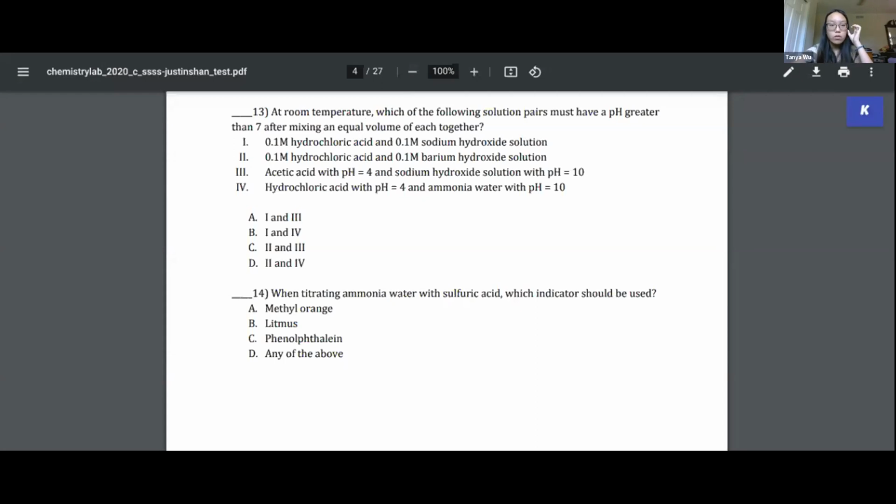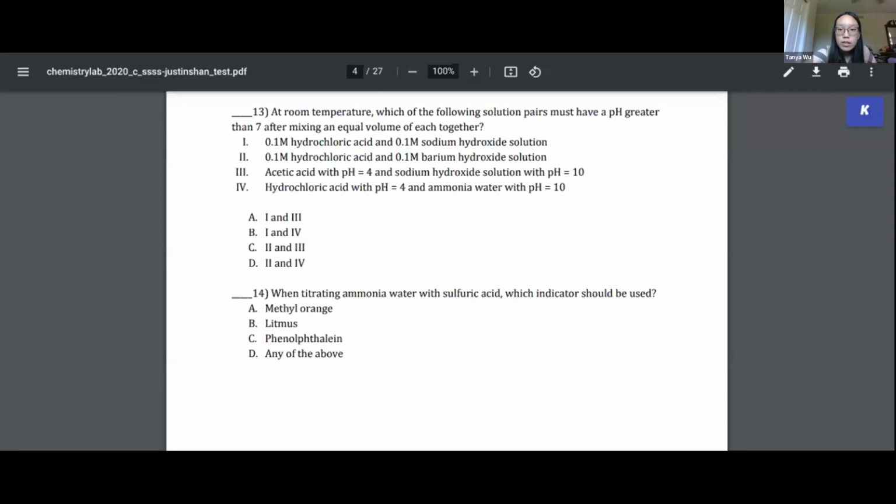Okay, so for 1, HCl and NaOH, they are both strong acids and bases, so they both completely dissociate. But since they're the same amount of each, they would neutralize each other, and the pH would be 7 or neutral. For 2, HCl is a strong acid, and barium hydroxide is a strong base.